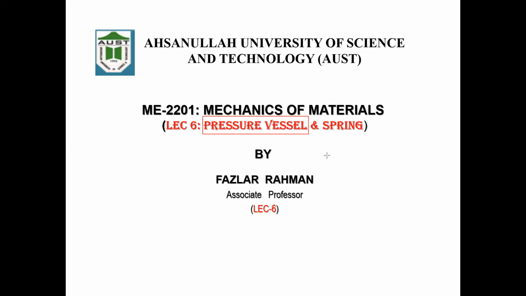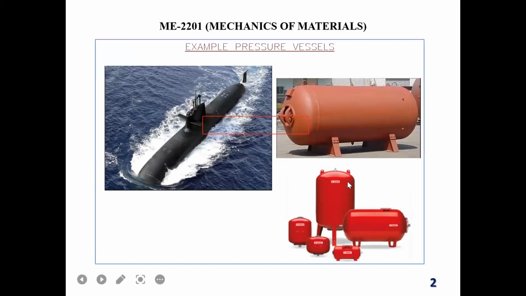Say you are working for Bangladesh Oxygen Limited to carry oxygen cylinders. Now we design the cylinder. You say the pressure inside the cylinder will be 60 psi, and you supply it to the hospital and it bursts, then 10 patients died.